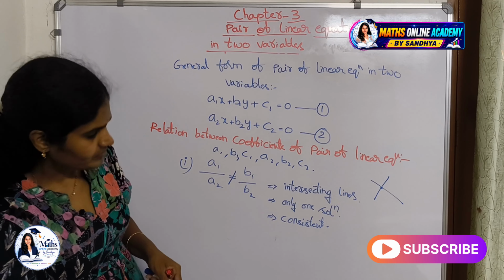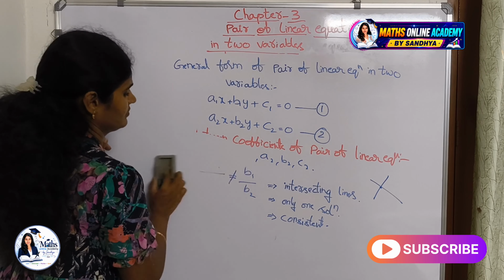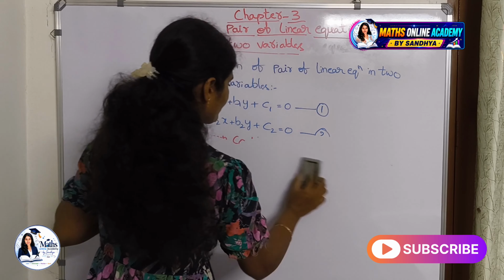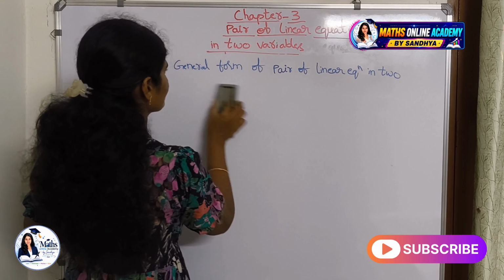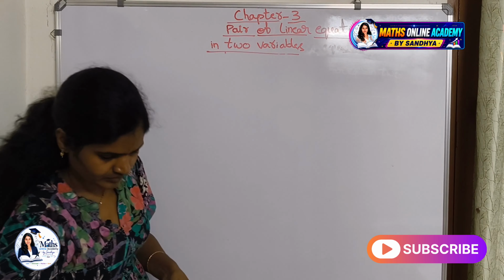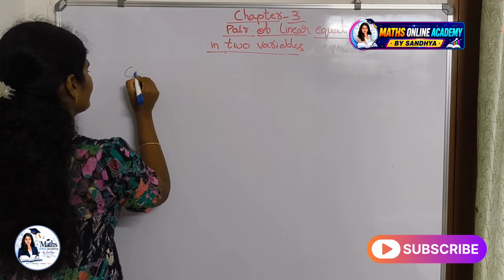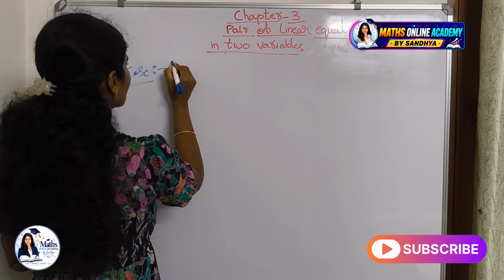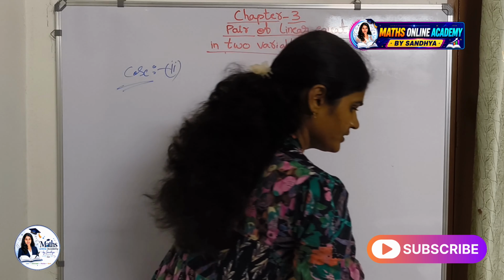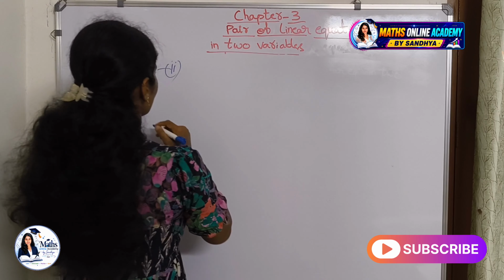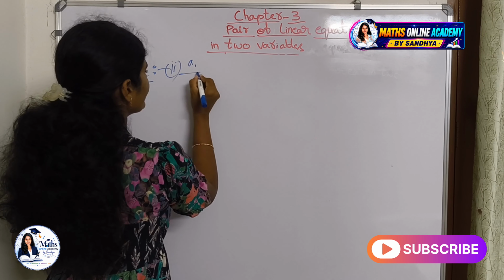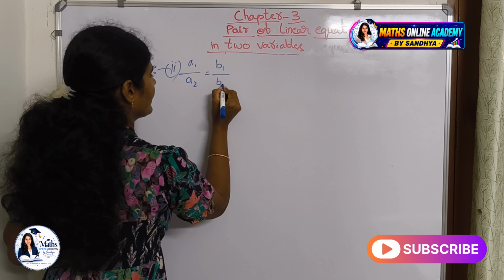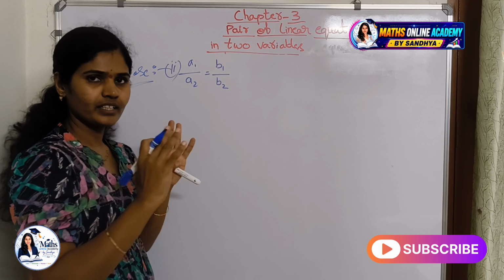Next case. Case number 2. For example, in case 2, a1 by a2 equal to b1 by b2. Up to this, these two are clear.